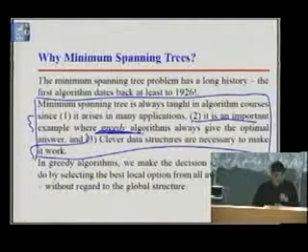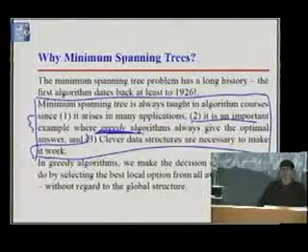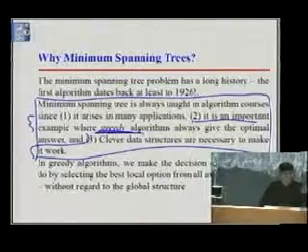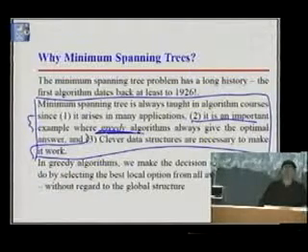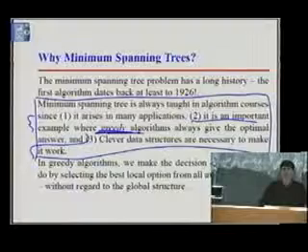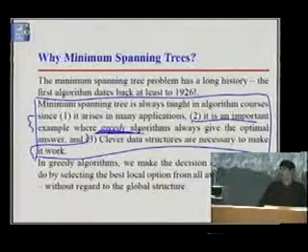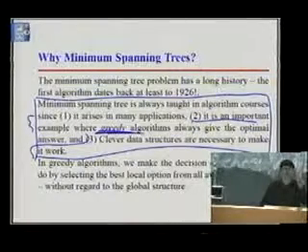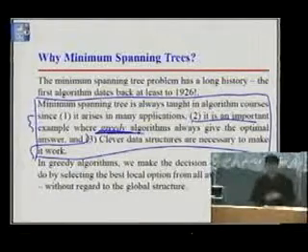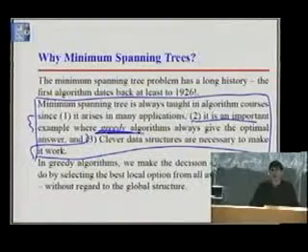So there are two dimensions to understanding minimum spanning tree algorithms. One, why does it give you the correct answer, why does it find the minimum spanning tree? And the other, how do we make it run as fast as we can? That's a data structures issue. Any questions about the pedagogical issues of why we talk about minimum spanning tree algorithms?